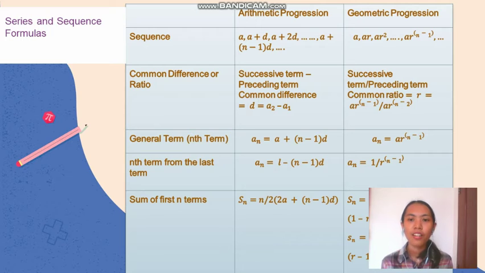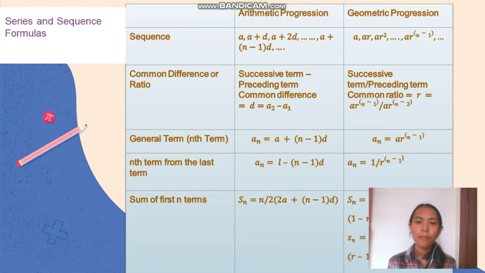But in geometric progression is Sn equals a to the power of n divided by 1 minus r. It's for r less than 1. But for r more than 1, we can use the formula a multiplied by r to the power of n minus 1 divided by r minus 1.